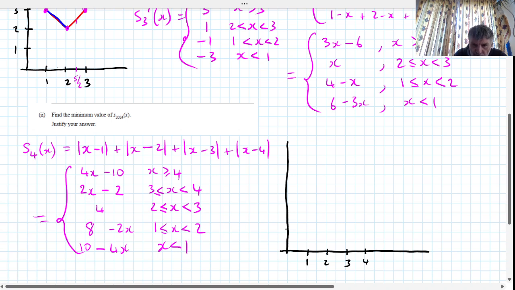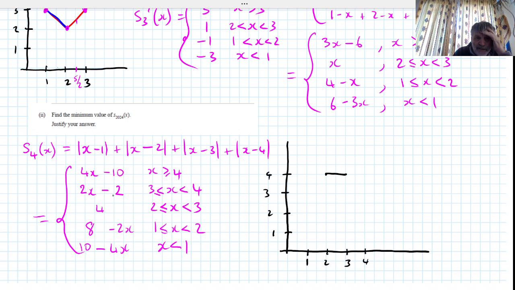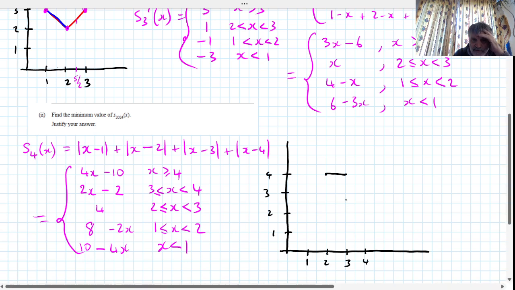Between 2 and 3, the value is 4. Between 3 and 4, it's 2x minus 2. 2 3s are 6, minus 2 is 4, so that gets us to that point.